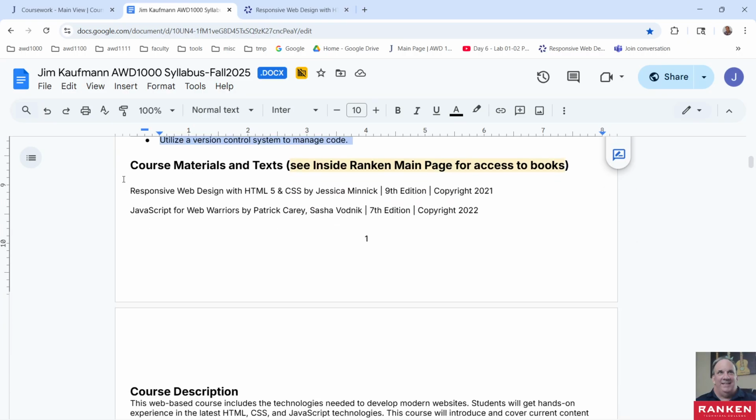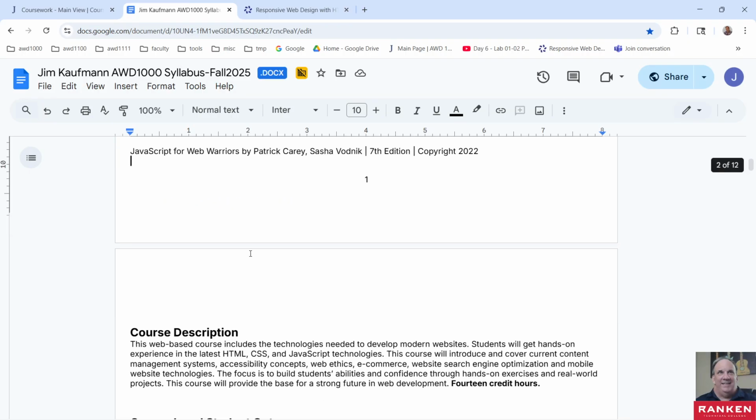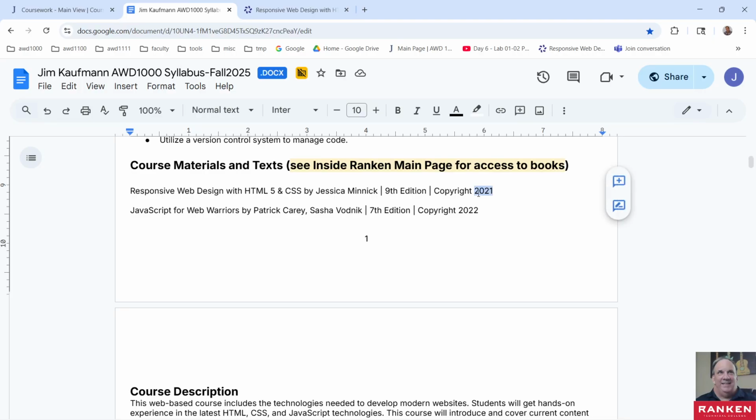Okay. Here are the two books for our course. And I know, this isn't a recent book, but not much has changed. Trust me, in these kinds of technologies, these are pretty stable, and so not a lot's changed.